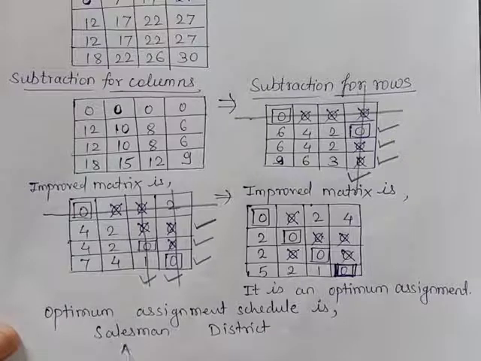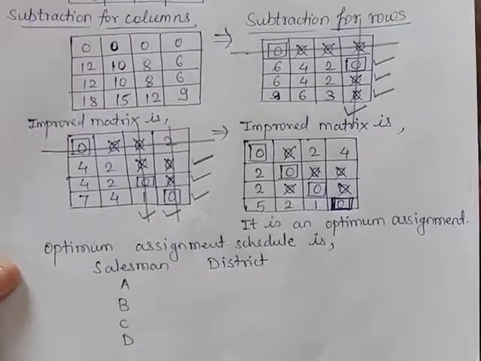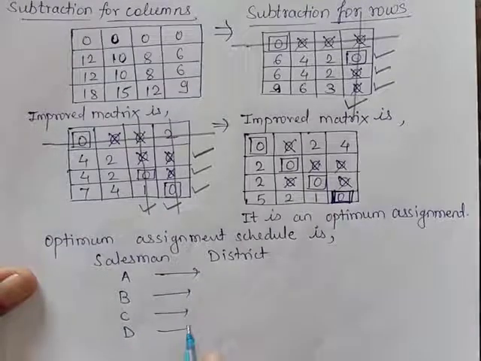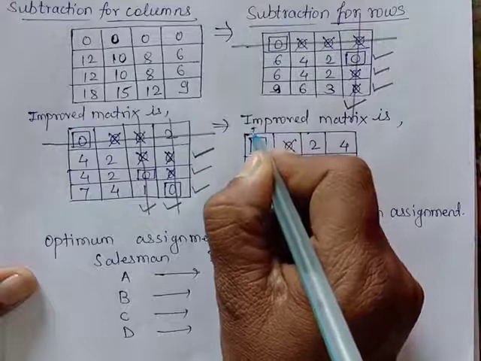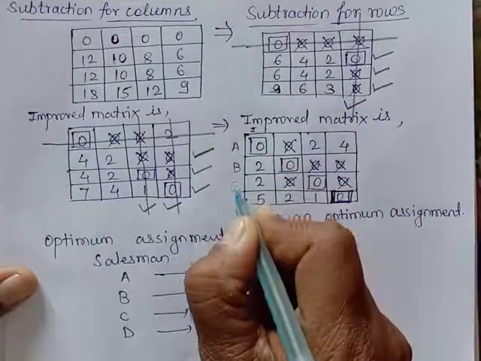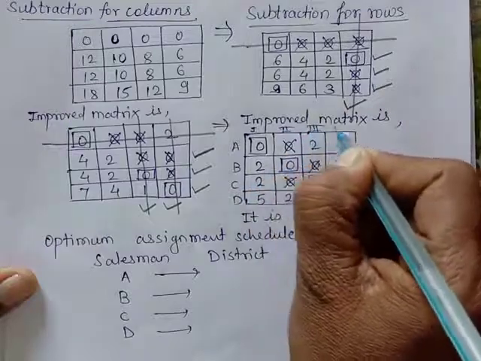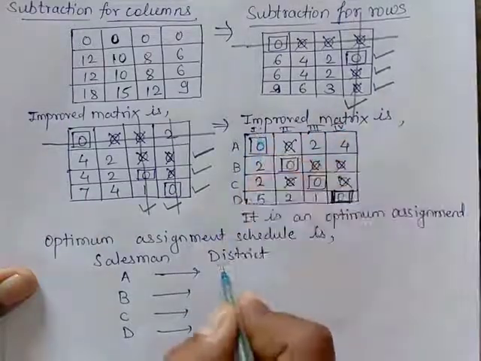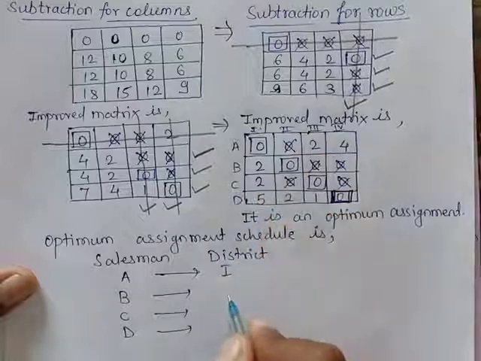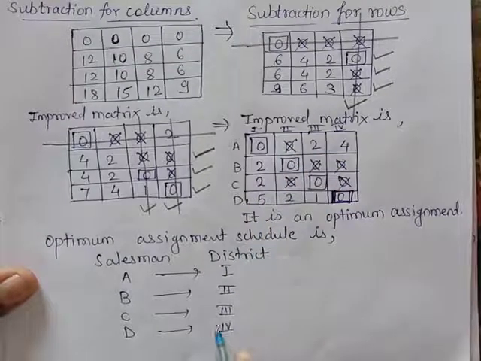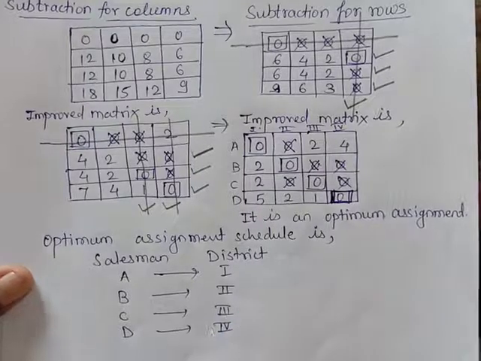So salesmen A, B, C and D, and the corresponding districts to which they have been assigned. So this is A, B, C, D. This is first, second, third and fourth district. So A is assigned to the first district, B to the second, C to the third and D to the fourth, or these can be interchanged. Fine.